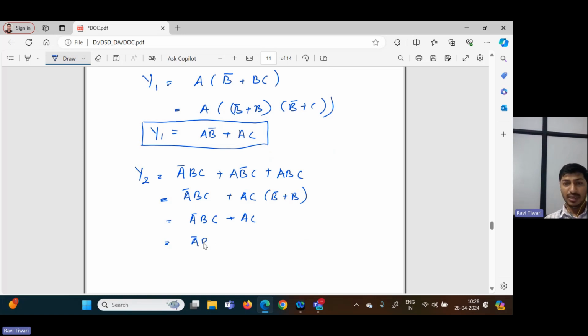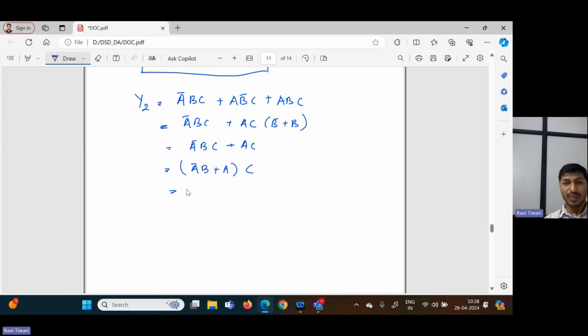So this is C times (A bar B plus A). After applying the distributive property, I can also write down (A bar plus A) times (B bar B plus A)... As we know that A bar plus A is equal to 1, I can write this as BC plus AC.